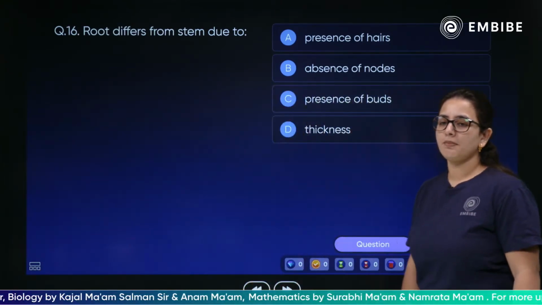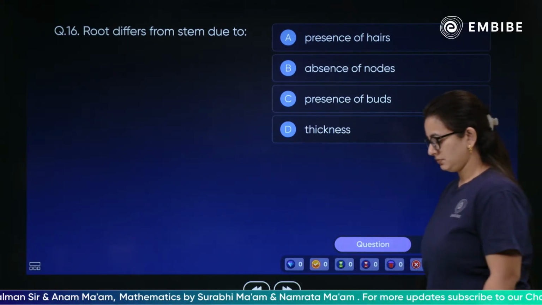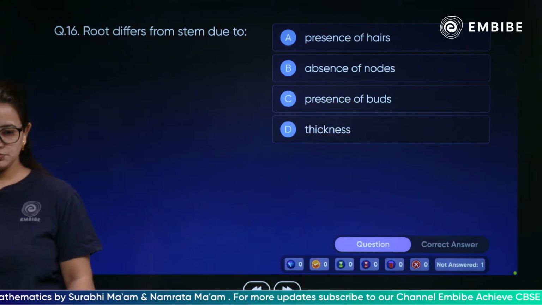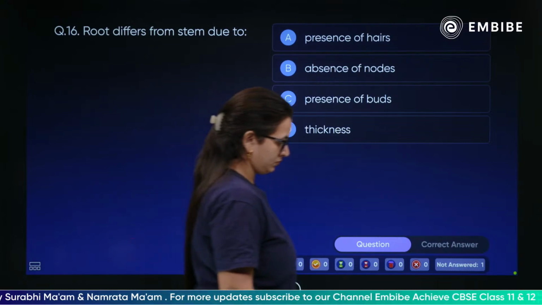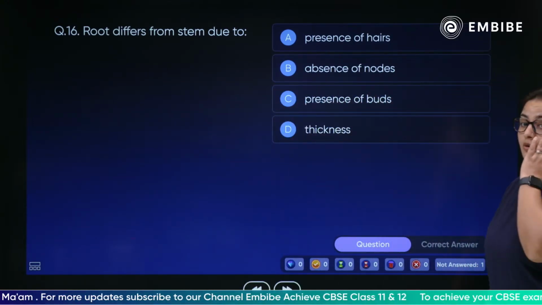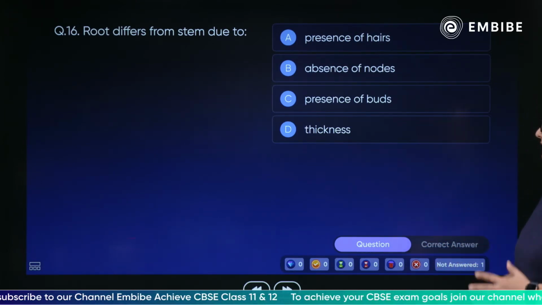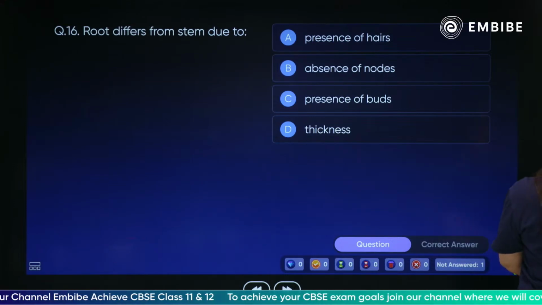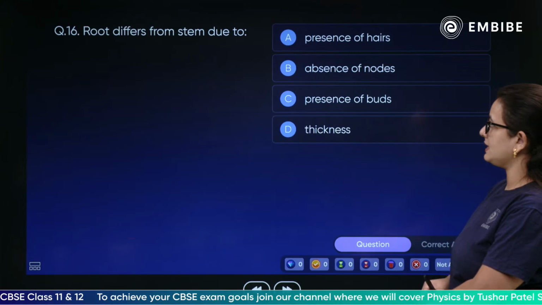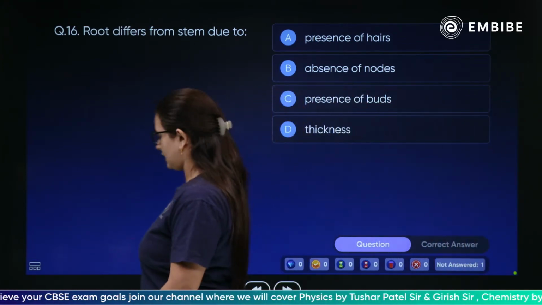Next we have, roots differ from the stem due to what? Absolutely basic question. Why are the roots different from the stem? Presence of hairs, presence of nodes, presence of buds, thickness.